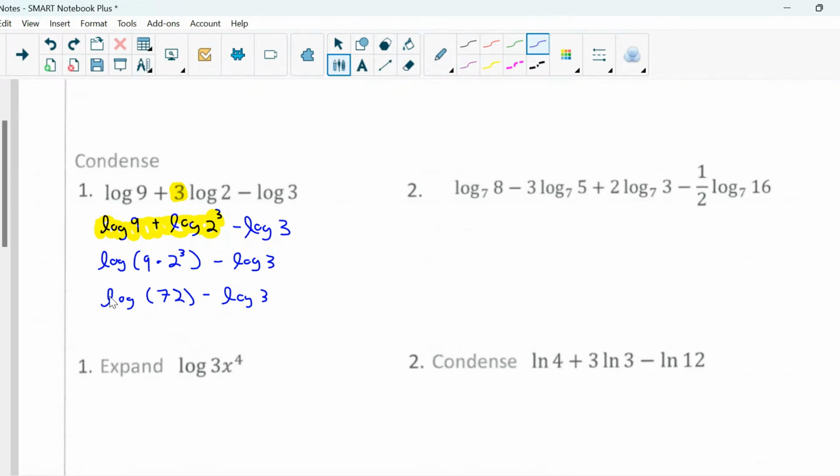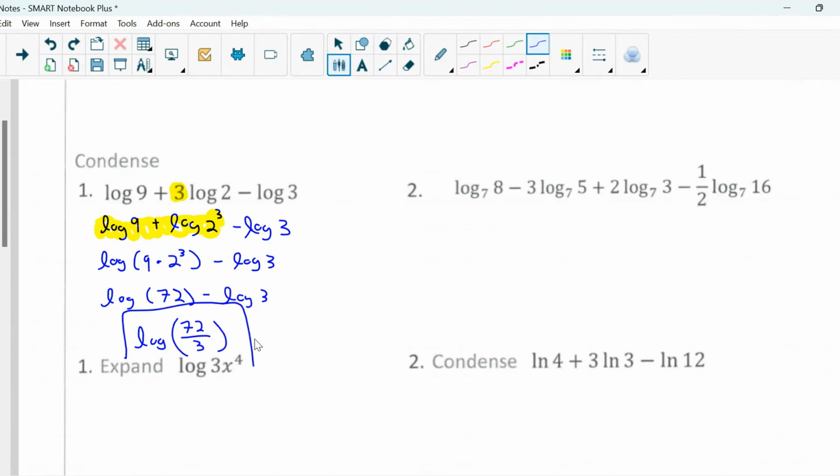All right, so whenever I am subtracting my logs, that is my quotient property. So remember, the number you are subtracting from, which is 72, is going to be my numerator. And the number you are subtracting is my denominator.